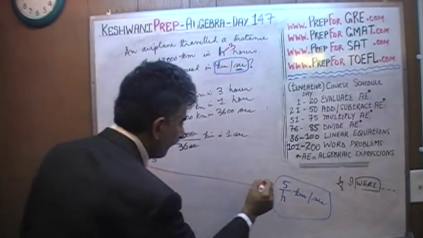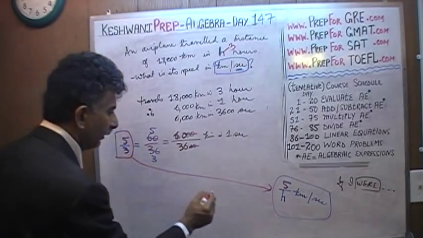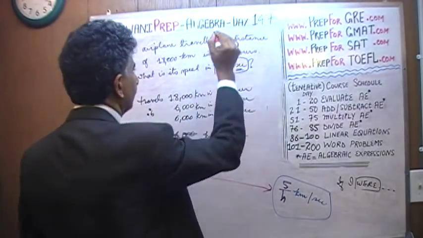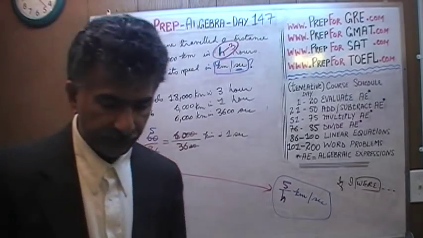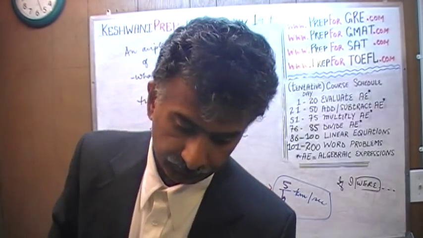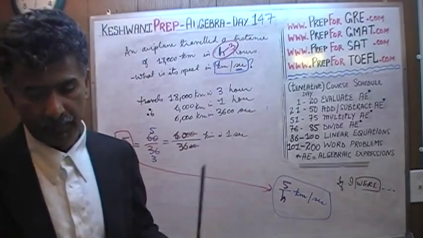Where does this 3 come from? That's your h right here, because we had plugged in 3 for h. Voila. 5 over h, 5 over 3, because h in this problem we plugged in 3, and therefore it does give us the right answer.